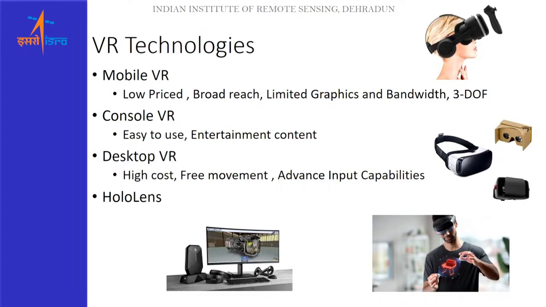So the top two are based on visual interaction. It means you will only be able to view the different objects, and for interactions you have to use some kind of input device, maybe a mouse or a Bluetooth keyboard and so on. But there are also other devices like HoloLens and other VR devices, where we can do interactions directly in front of those devices.